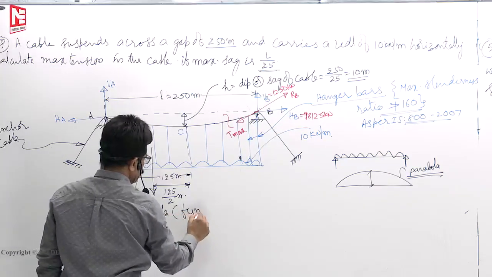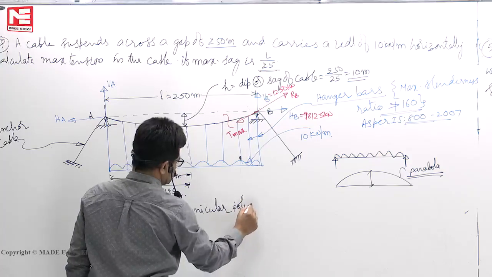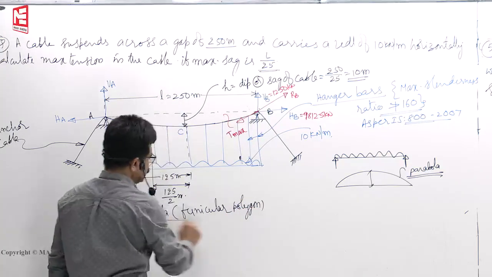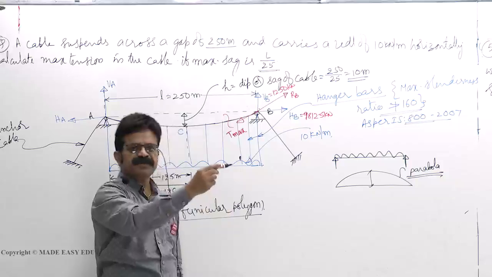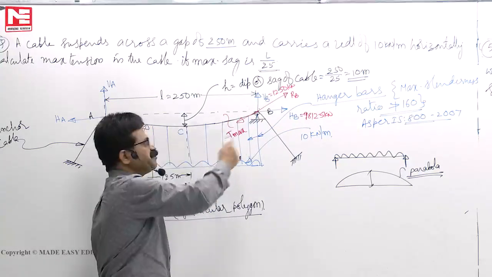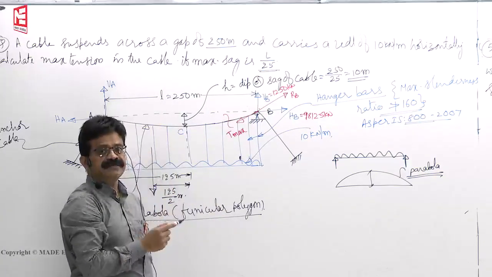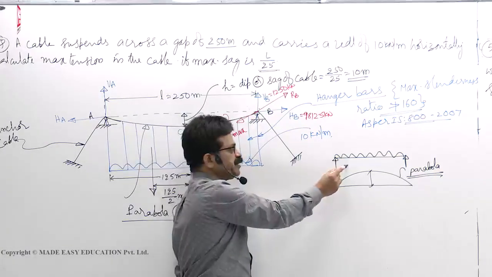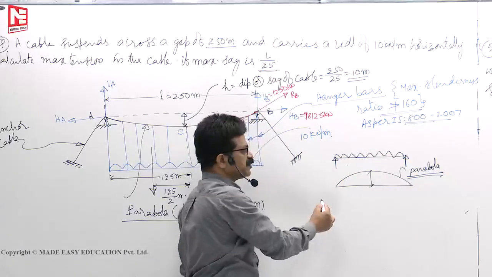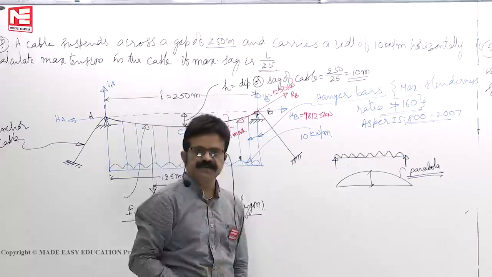We call the shape taken by the cable a funicular polygon. In this case it is a parabola because that is the bending moment diagram for an imaginary simply supported beam subjected to the same loads. You get the same parabolic shape, but in the reverse direction, of course.